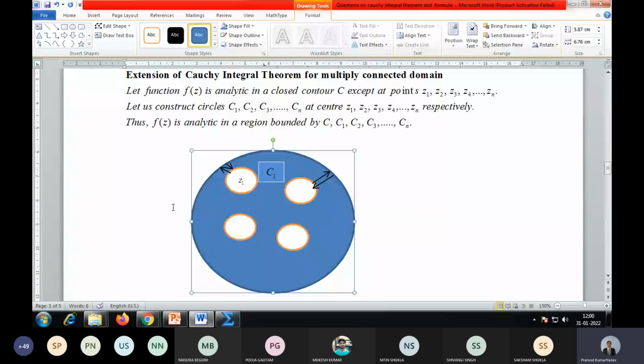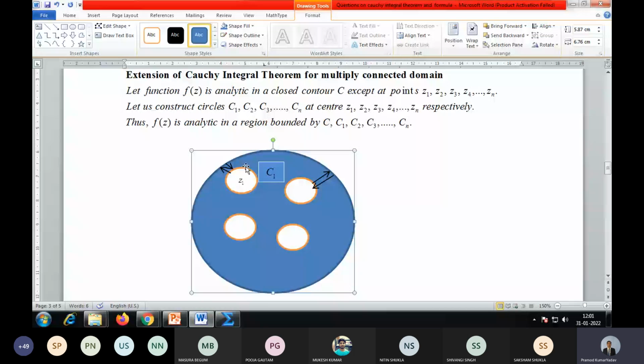So we are moving anti-clockwise, then we enter C1. When you move into C1, you will move in the clockwise direction, then you can come outside. So the first one is anti-clockwise and the next is clockwise, so the integration over C1 will become minus.